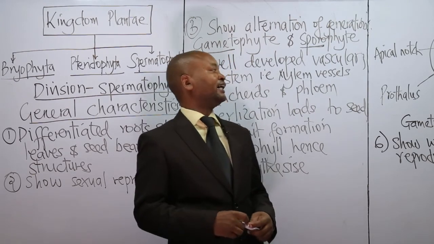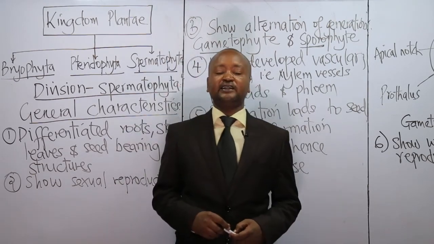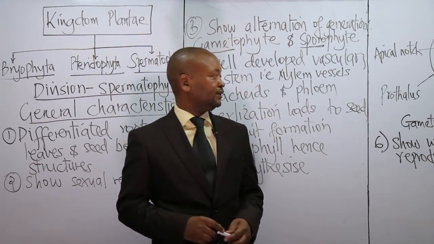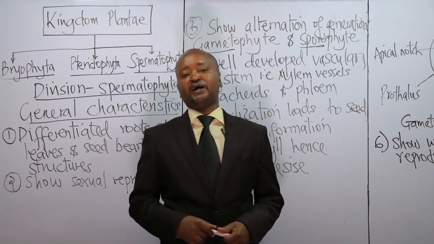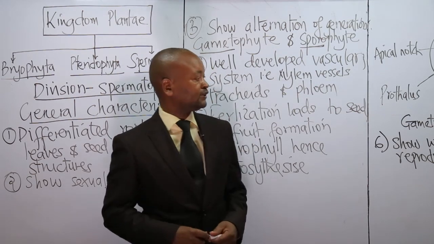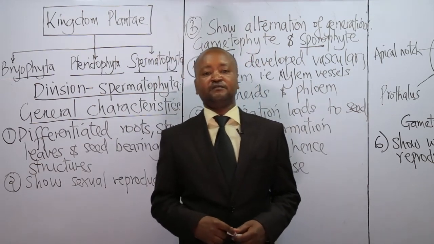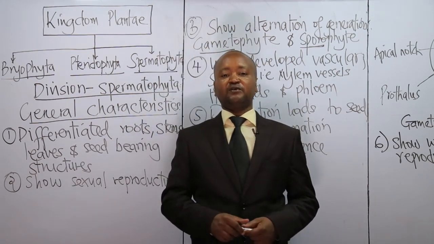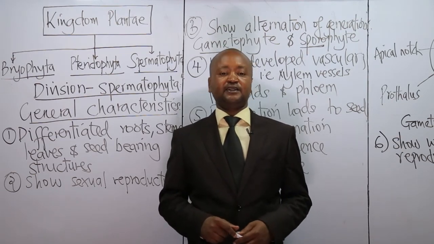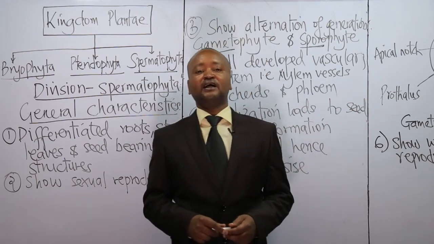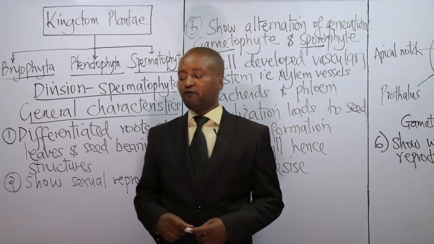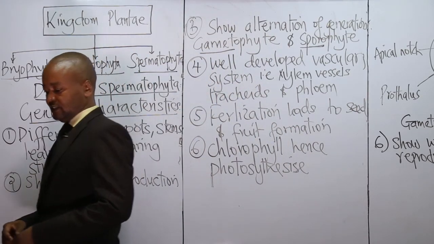That is the Archegonia and the Antheridia, which are the female part and male part of the plant, and that one forms what we call the Gametophyte. Then the other main part of the plant, which is normally green, is the Sporophyte. So those are the major things that we have looked at.